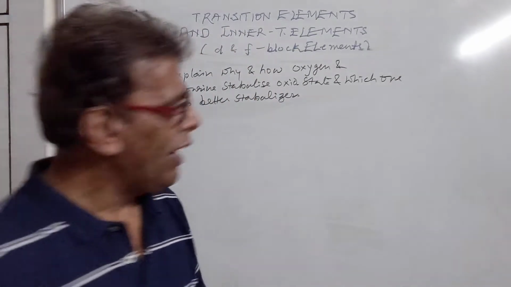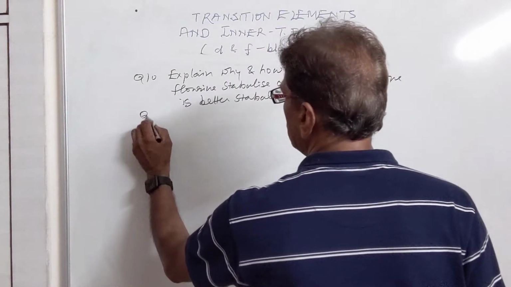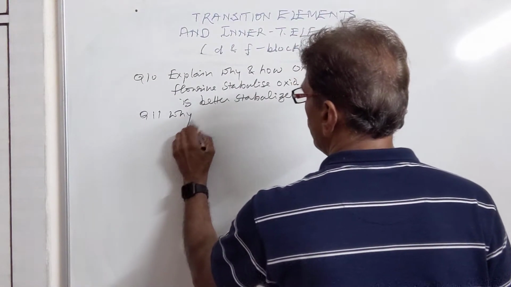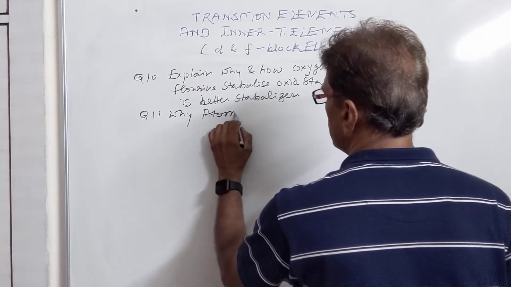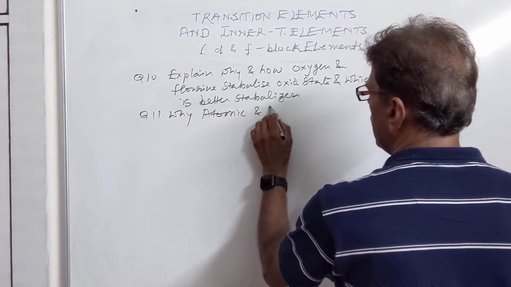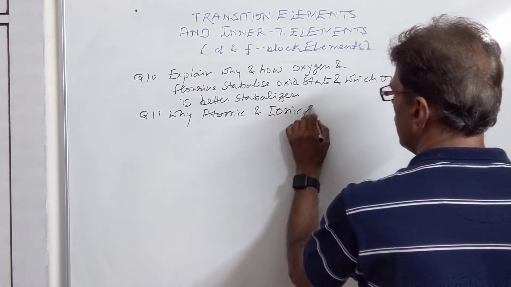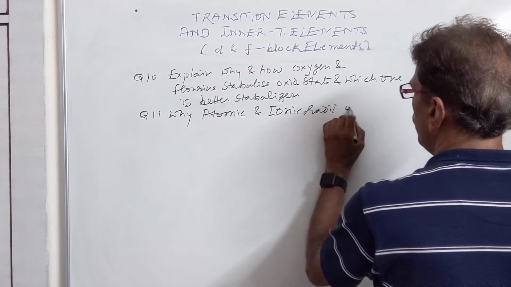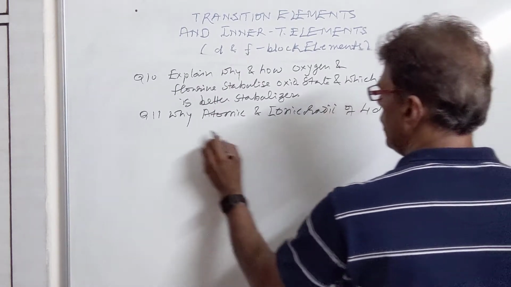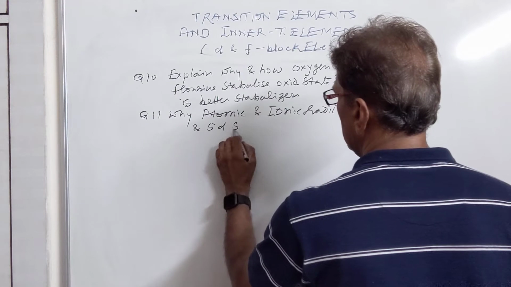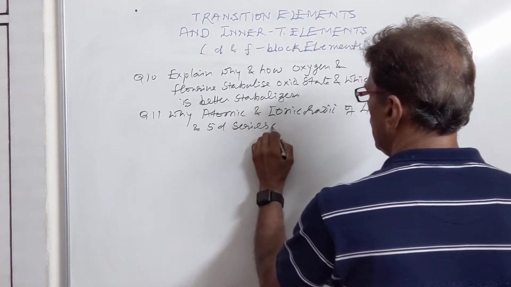Then, atomic and ionic radii of 4d and 5d series are similar.